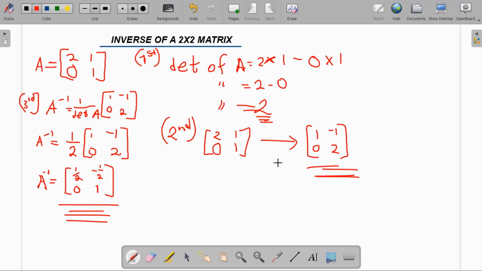Then we multiply 1 over the determinant of A by the matrix that you have come up with, the one you have interchanged. That's what we do. Okay, let's move on.